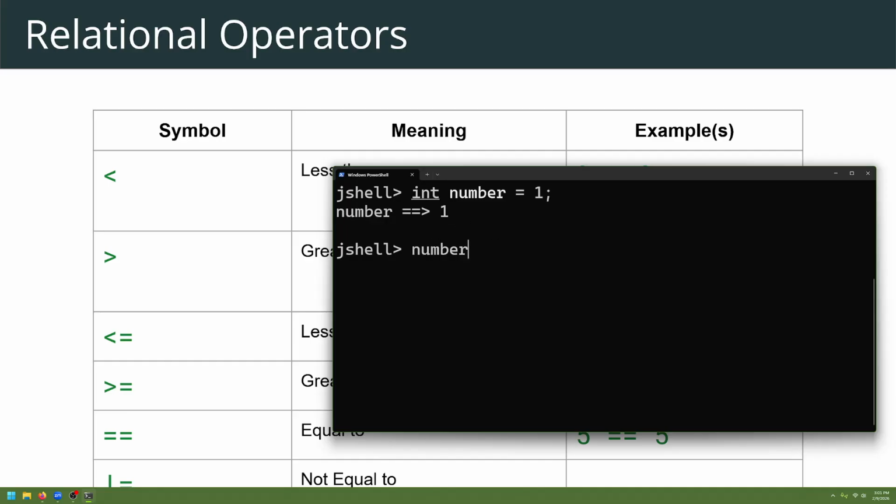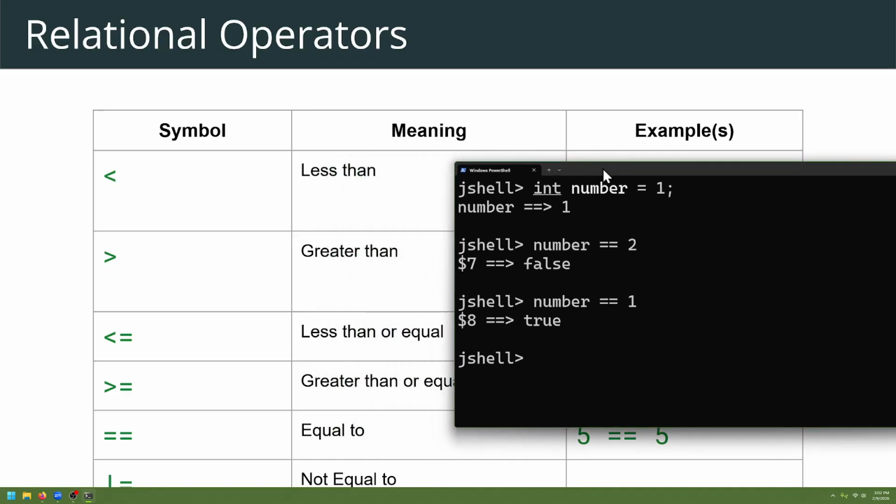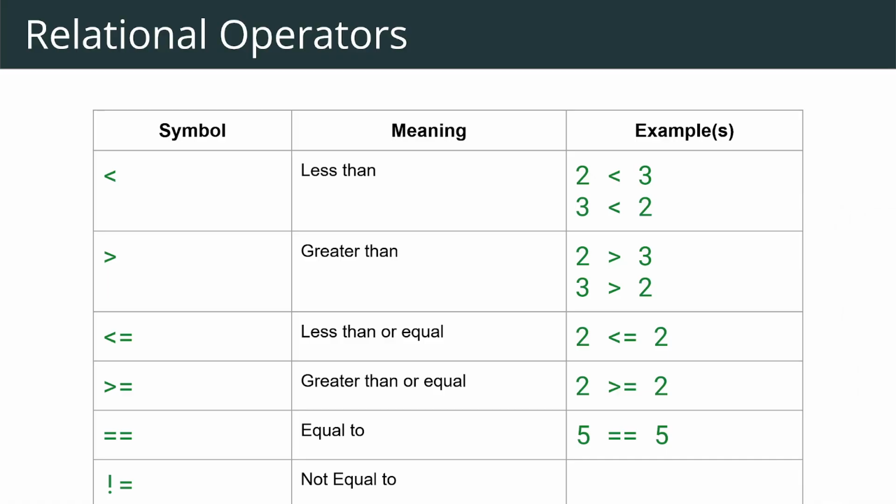And if we were to compare it, we would use 2 equal signs. So number equals equals 2. Let's see, what is this going to evaluate to? This is false, which makes sense. And then if we were to do it again, number equals equals 1, it's true because 1 is equal to 1. Okay. Hopefully people are getting a sense of these relational operators.